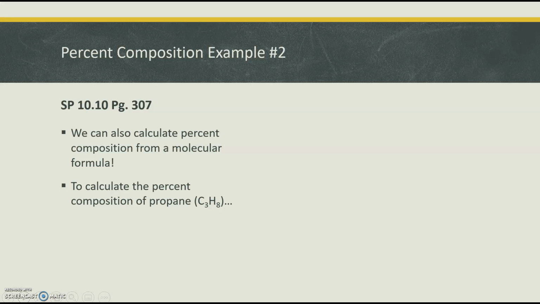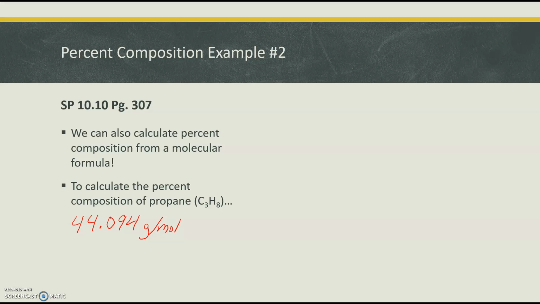The molar mass of propane is 44.094 grams per mole. We then divide the mass of each element by the molar mass of the compound. But first, we have to find the mass of each element.